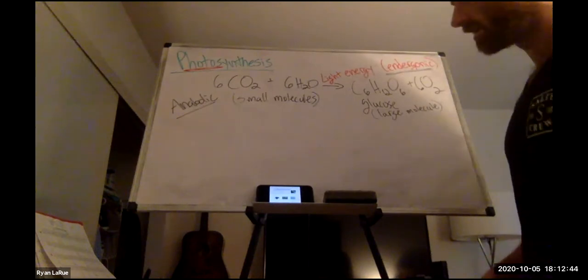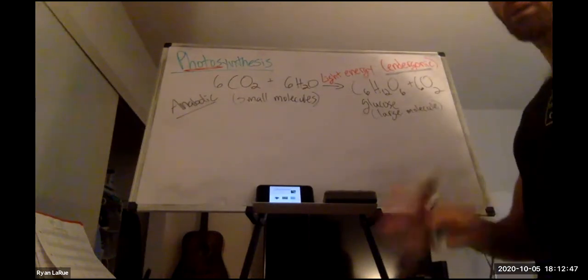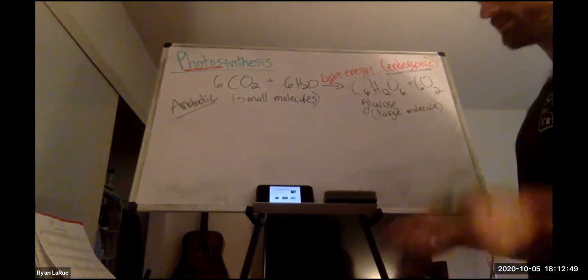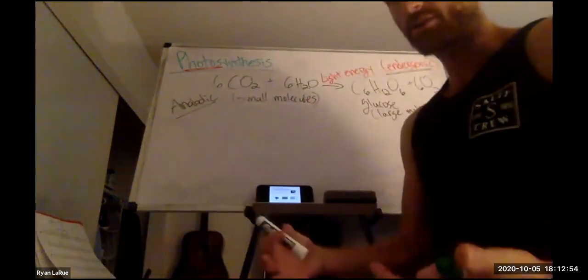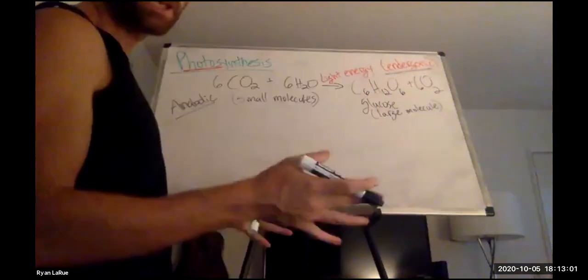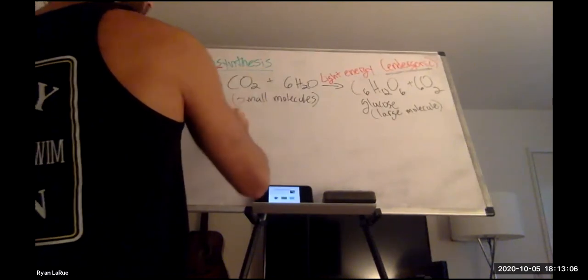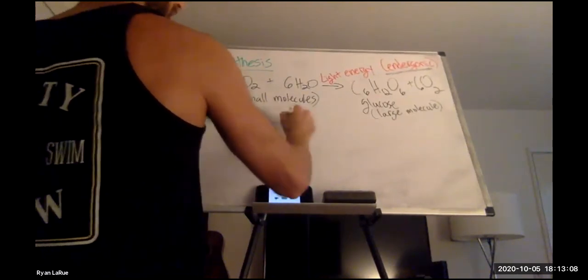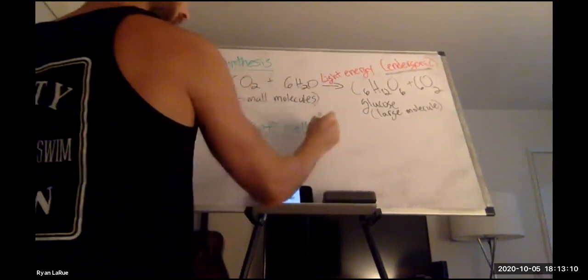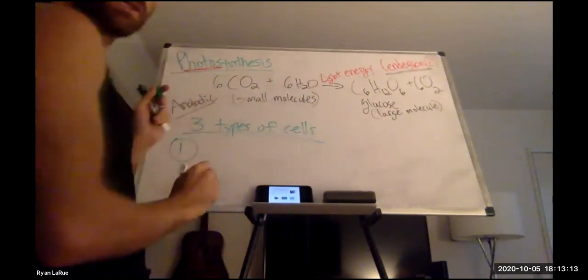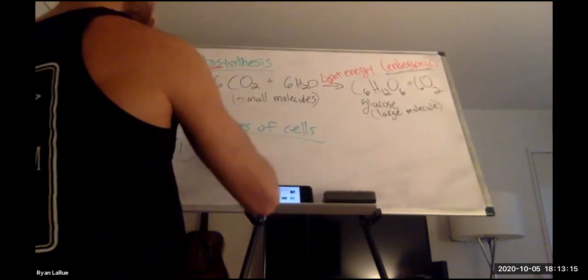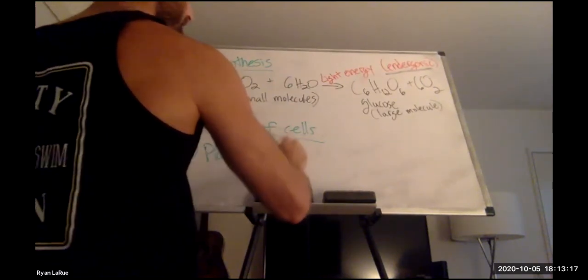Okay, there are 3 types of organisms on this planet that do photosynthesis. And I'm jealous, because if we could do it, world hunger wouldn't be a thing. But there are 3 types of cells, I should say, that perform photosynthesis. First, plants, of course. Plant cells photosynthesize.